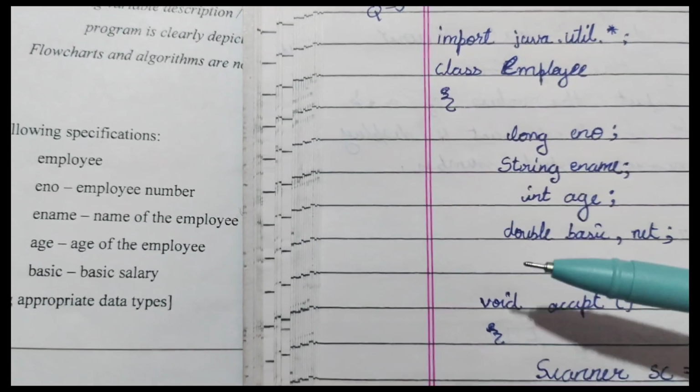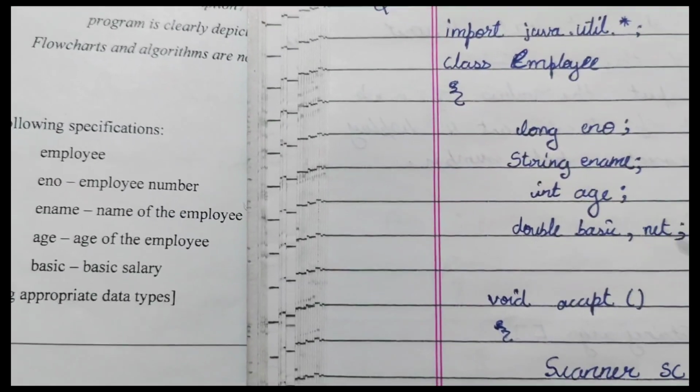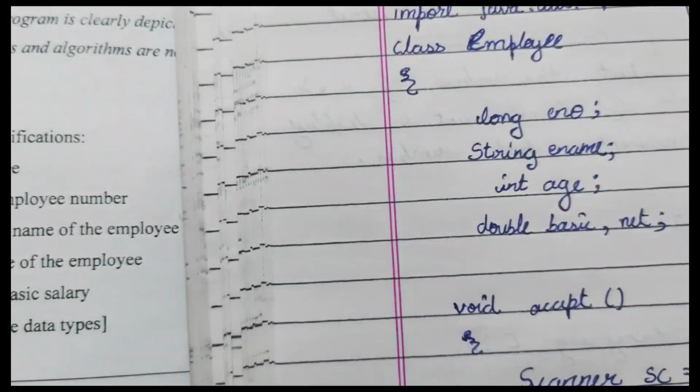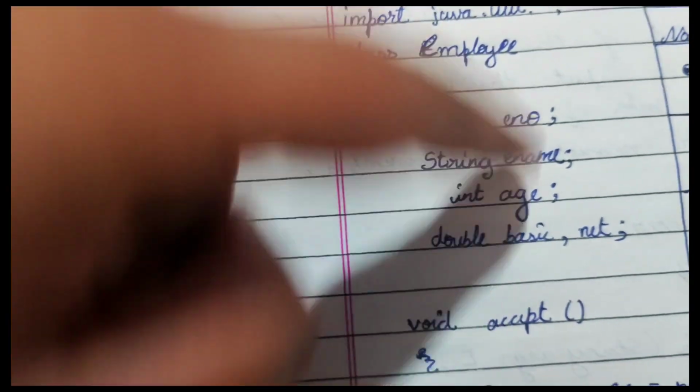Then double. It may be basic and net. Why are we mentioning net? Because in the question we have already studied that we have to calculate all these and calculate the net salary.